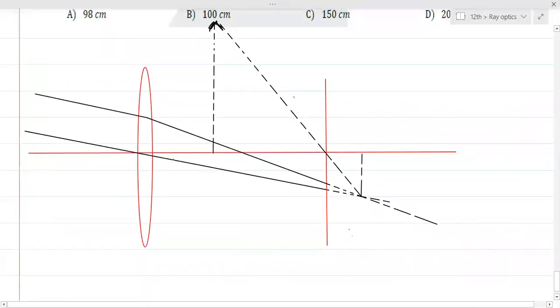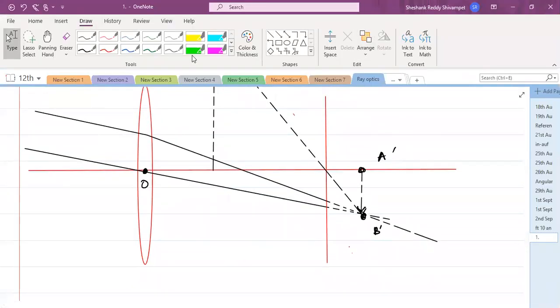मुझे बताओ, look at this object, look at this position here. From the left lens, यानी from the objective, if I take it until this point A dash to B dash, okay? If I take it from O until A dash, will O A dash be the focal length of the objective? Yes or no?